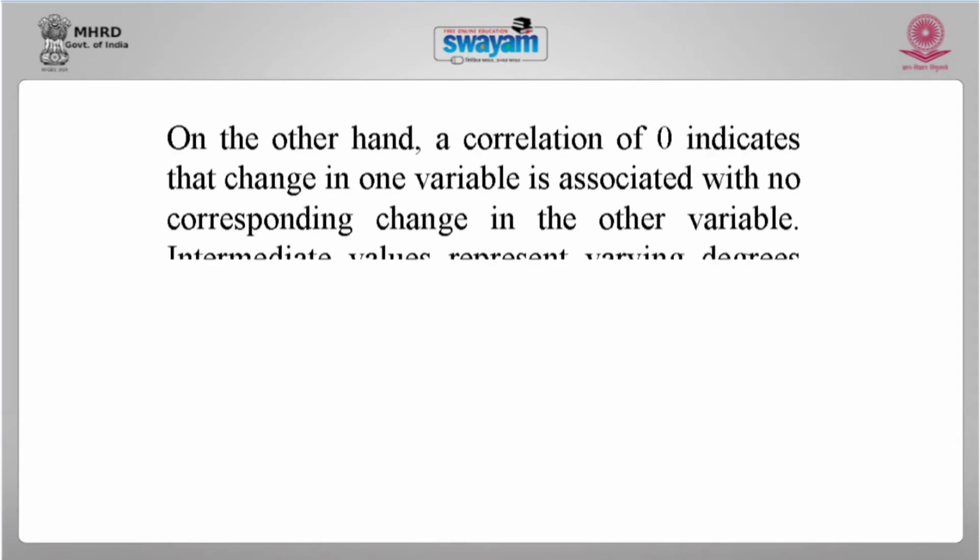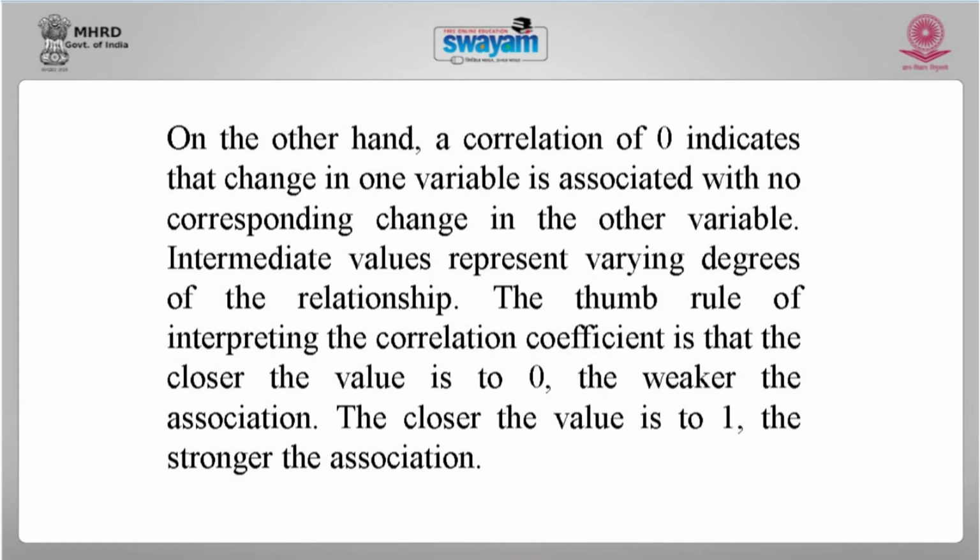On the other hand, a correlation of 0 indicates that a change in one variable is associated with no corresponding change in the other variable. Intermediate values represent varying degrees of the relationship. The rule of thumb for interpreting the correlation coefficient is that the closer the value is to 0, the weaker the association. The closer the value is to 1, the stronger the association.